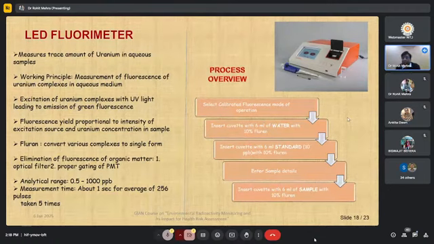So we will be performing some experiments, and I would request Abhishek and his team to get ready for the experimentation process on the last day, where we will be having some hands-on training for them, so that they could have a direct idea of how we are going to measure.